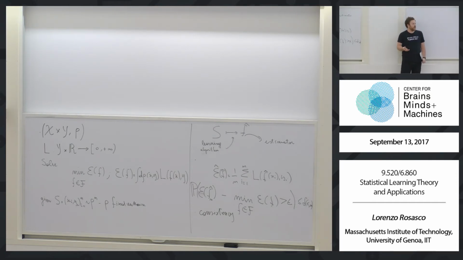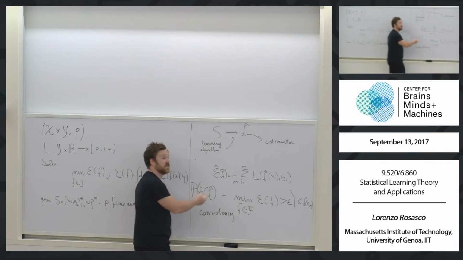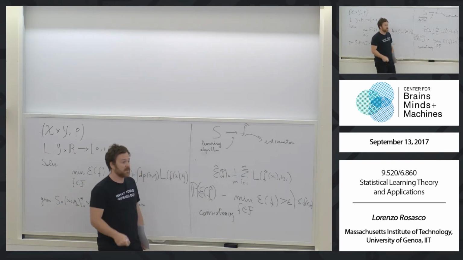Yeah, but a random variable is a function from a probability space. Literally, the f hat is a function on a probability space.